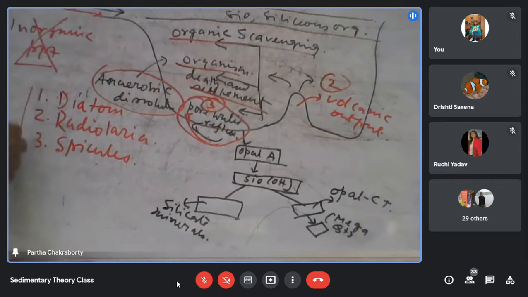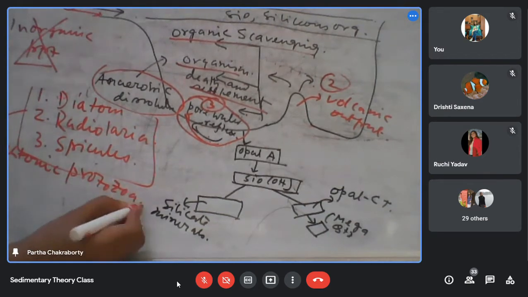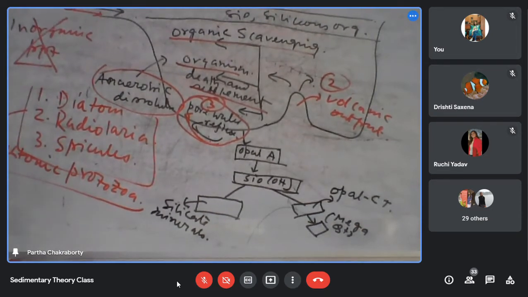These are the major ones. What is radiolaria? It is a marine planktonic protozoa. What do they do? They make their tests by silica, and where? In the deeper part of the ocean.